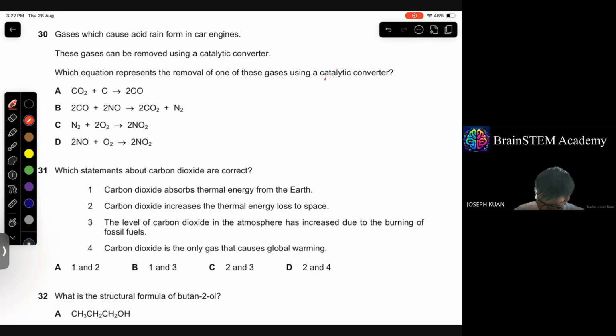Okay, next. Methanol reacts with ethanoic acid to form an ester. What is the displayed formula for this ester? Well, that will be forming a methyl ethanoate. So how it forms is, first we have methyl.